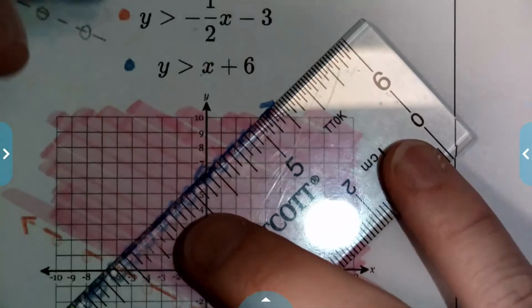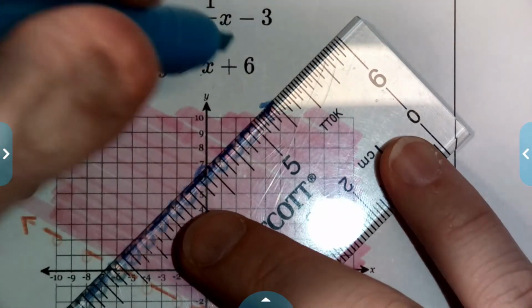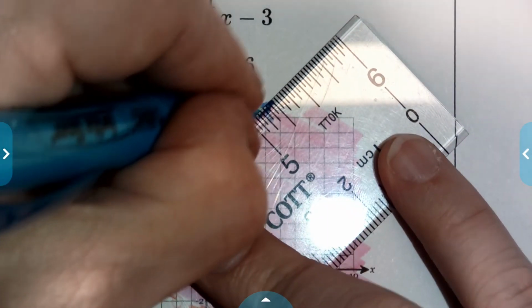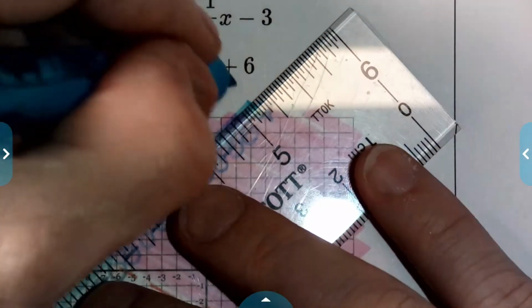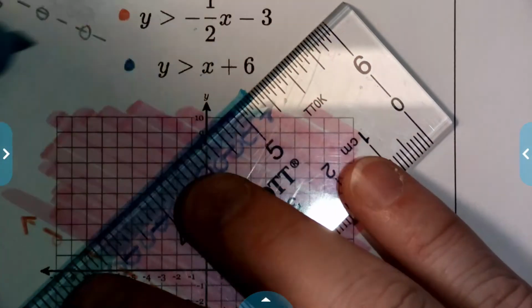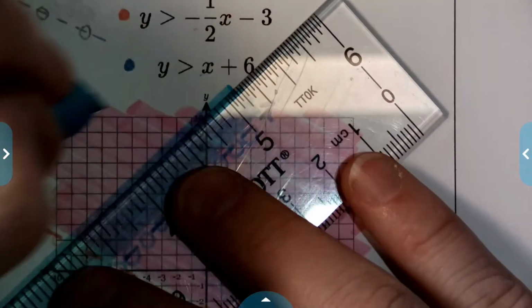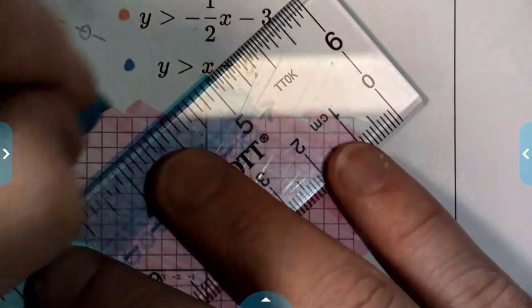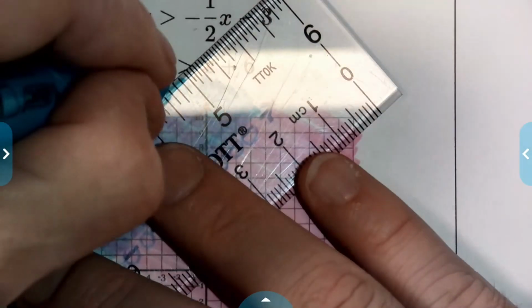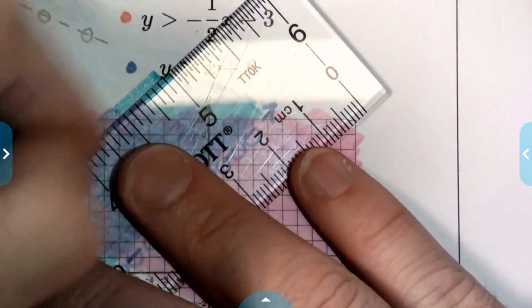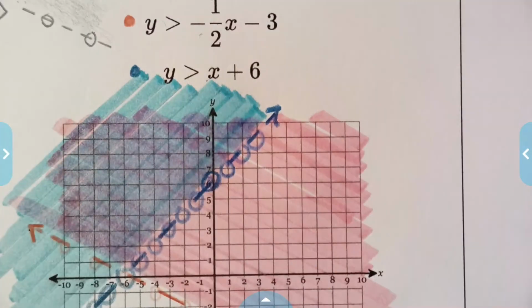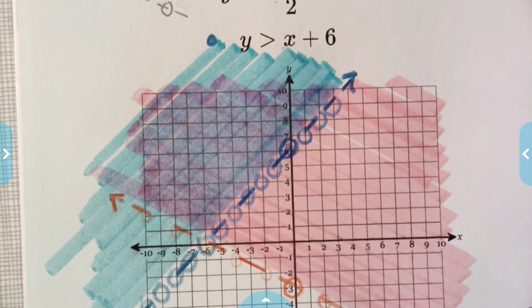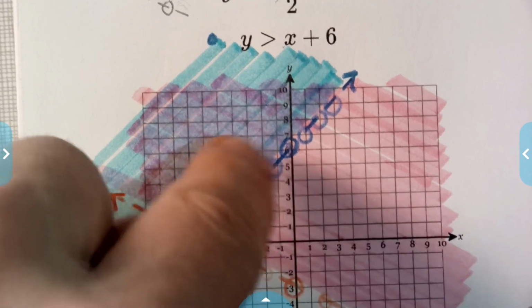So here I'm shading. Okay, so do you see the region where it's double shaded? Right here.